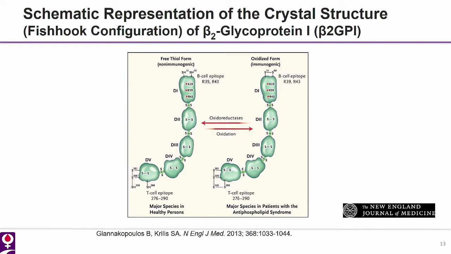This oxidized form is found at increased circulating levels in people with antiphospholipid syndrome compared to the free thiol or reduced form of this particular ubiquitous glycoprotein.